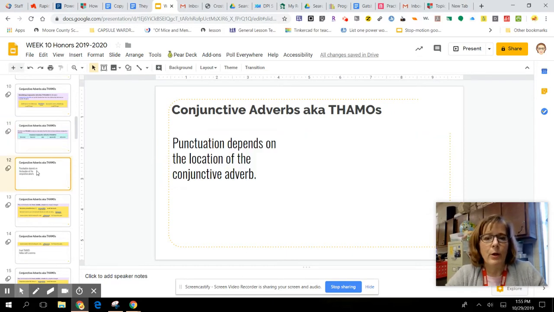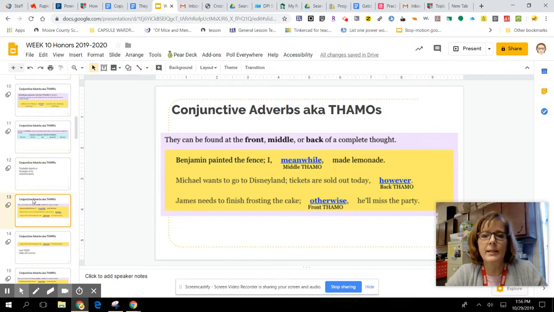All right, so punctuation depends on the location of the THAMO, and here are some sample sentences. As you can see, what I want you to do on these sentences is first notice that each of these three sample sentences is essentially two independent thoughts joined together with a semicolon.